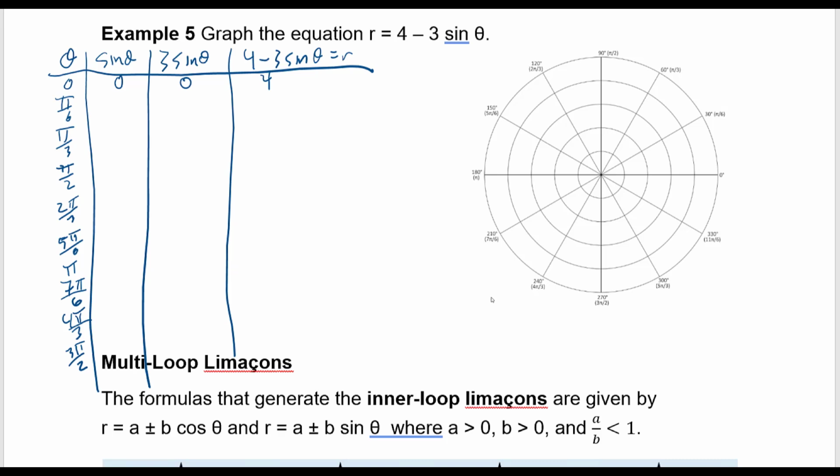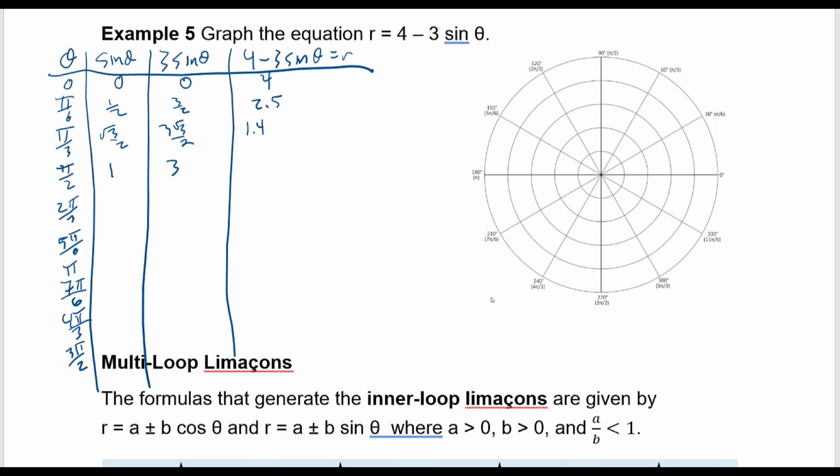Sine of pi over 6 is 1/2. 3 times that is 3/2, and 4 minus that is 2.5. So this is going to be square root of 3 over 2. This is going to be 3 root 3 over 2, but 4 minus that is going to be 1.4. This is going to be 1.